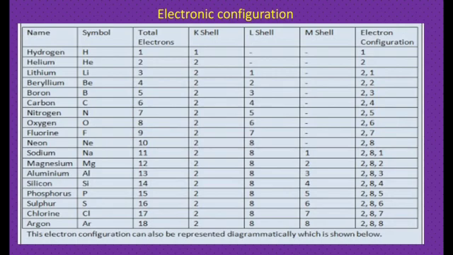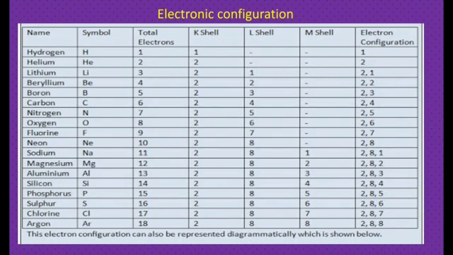Just see the first example, hydrogen. The symbol H is given there. Number of electrons, 1. 1 means only the first shell. K shell it will be there. Then see the carbon. Symbol C. Total number of electrons 6. So how much can the first shell accommodate?